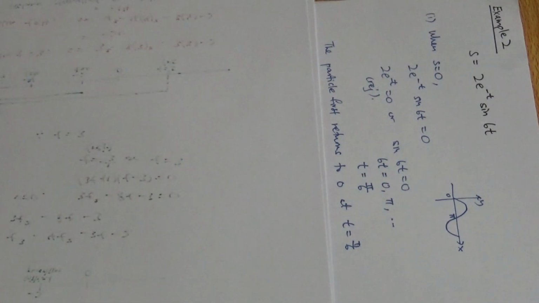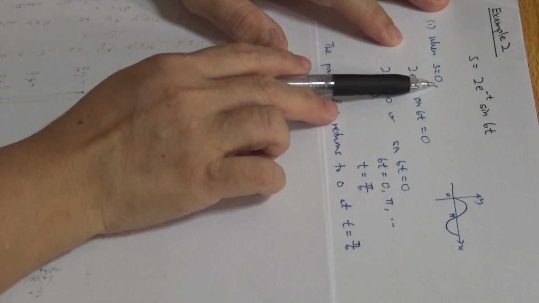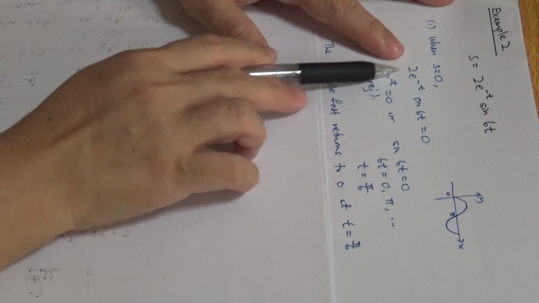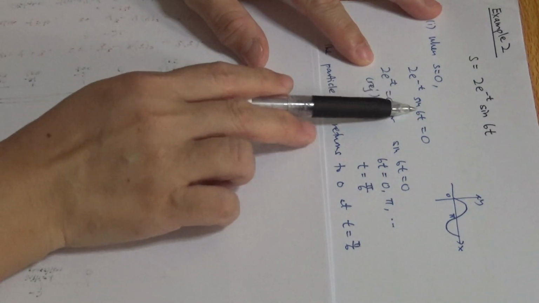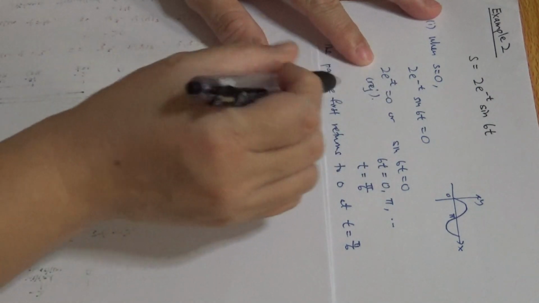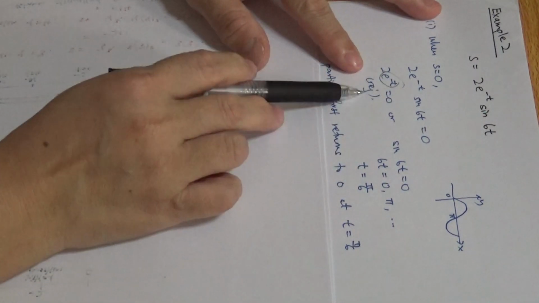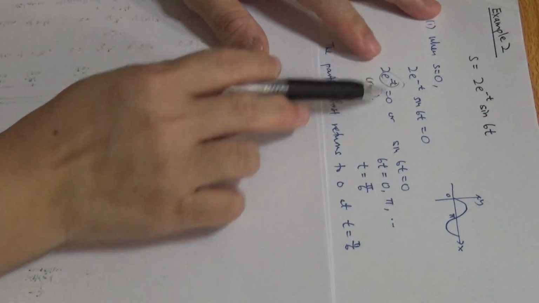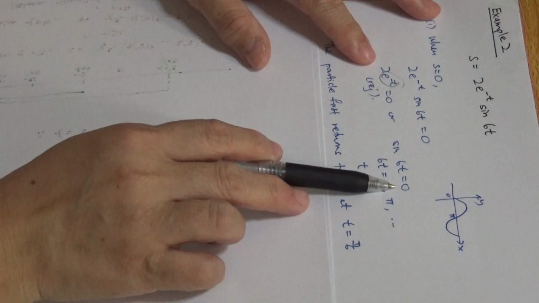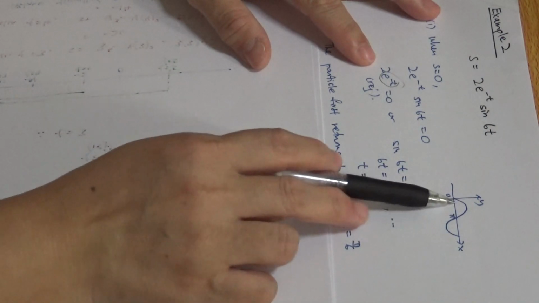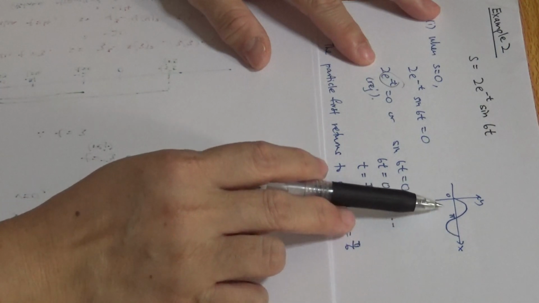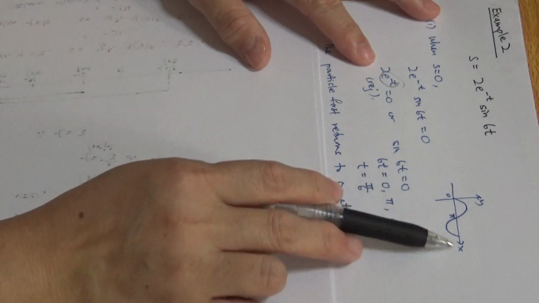When it returns to O, s is 0. Displacement is 0, so I equate this to 0. It will give me this equal to 0 or this equal to 0. Because this is never 0, this is rejected because there will be no solution, so I have sine 6t equals 0. Sine is 0 at 0 and pi and so on.